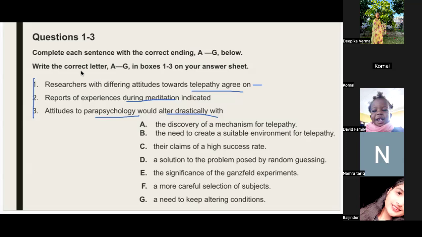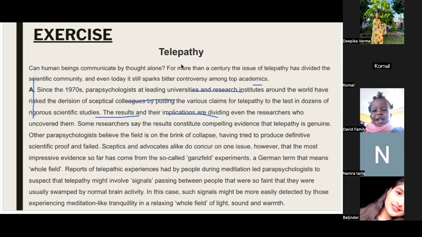Now try to find the first statement. Researchers with differing attitude towards telepathy agree on. They agreed on what? Find it out here.